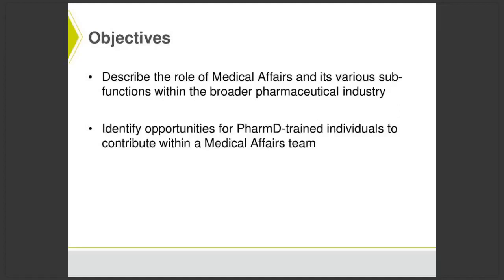And so I would say the vast majority of the sub-functionalities that we're going to review today are areas where a PharmD can play a critical role, except for maybe one or two, but I'll definitely be able to point that out. But I think the key take home for this entire presentation will be that PharmD trained individuals can play very critical roles throughout medical affairs in the vast majority of their sub-functionalities.